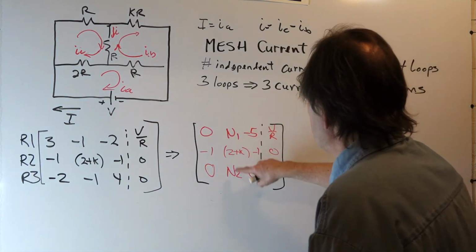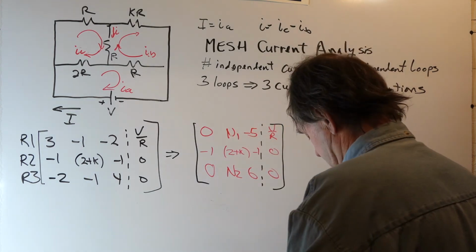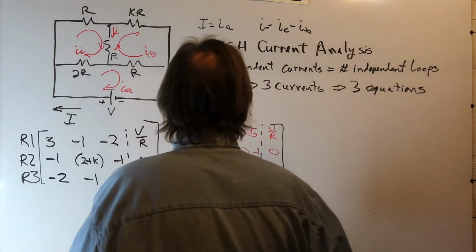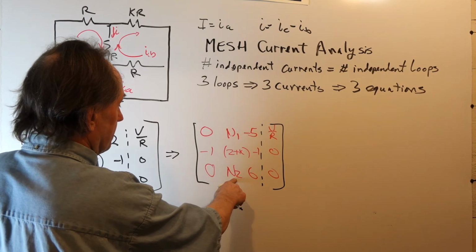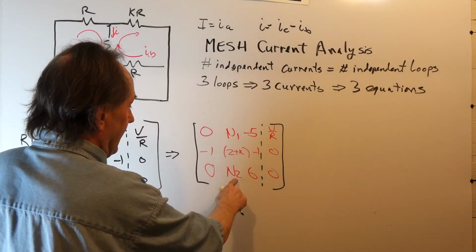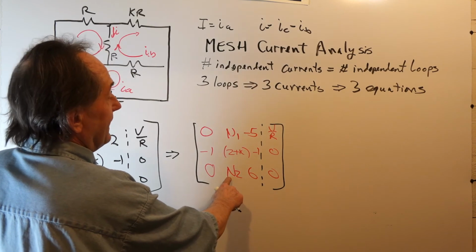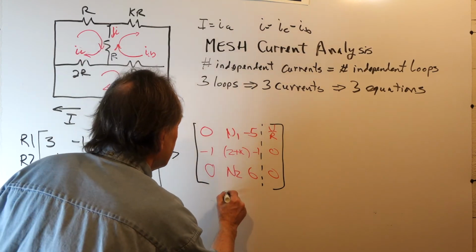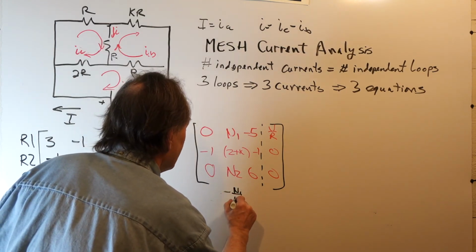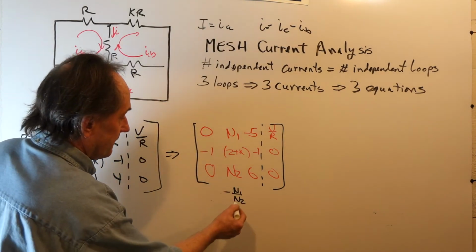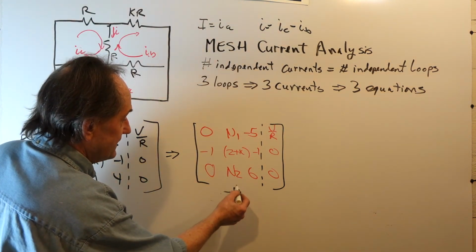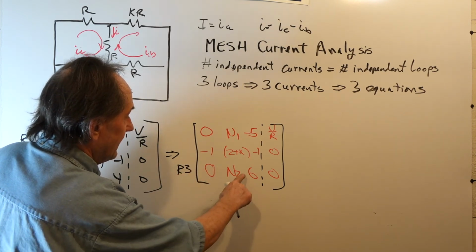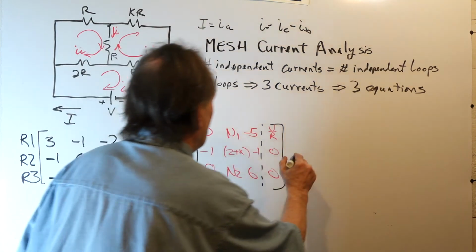Now we can take one of these rows, either this one or this one. Let's just take row 3. If we take row 3 and add it to this row by multiplying through by a negative n1 over n2, then row 3 times this value gives us a minus n1 added to this row.